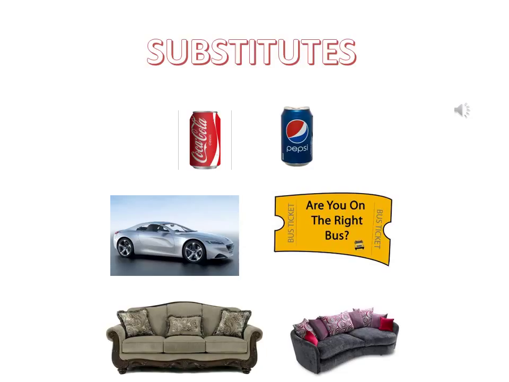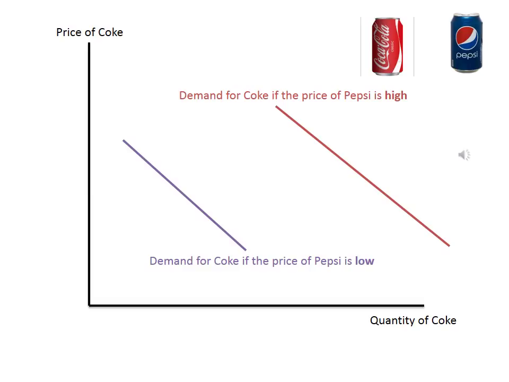Or as one good becomes cheaper, people will shift away from the now relatively more expensive good to the cheaper good. The demand for a good is higher, or you shift the demand for a good to the right, if you raise the price of a substitute. So we have a higher demand for Coke if the price of Pepsi is high.